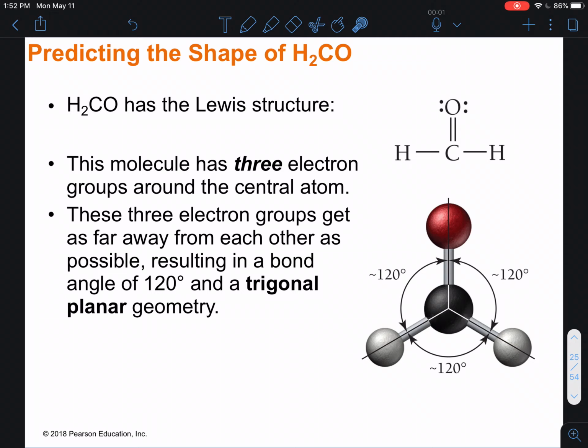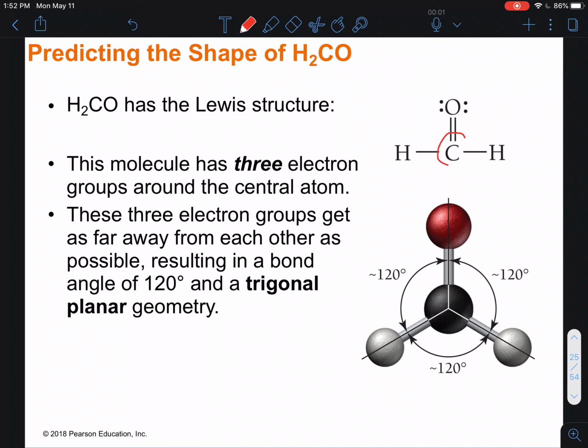That is different than something like this guy right here. H2CO has the Lewis structure of this, and actually, we'll draw this guy tomorrow as well. So here's the Lewis structure for it. This molecule has 3 electron groups around the central atom. Remember, electron groups are double bonds, triple bonds, single bonds, and lone pairs.